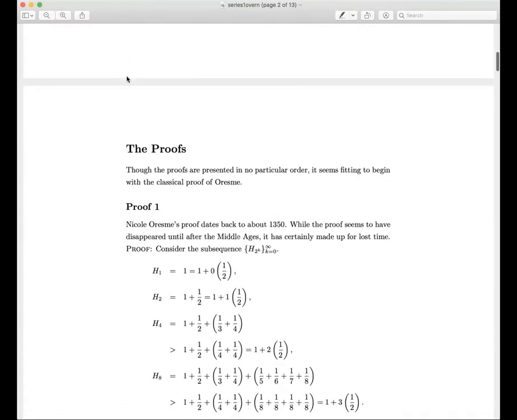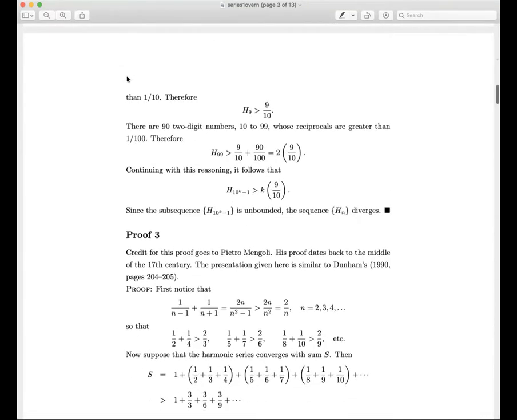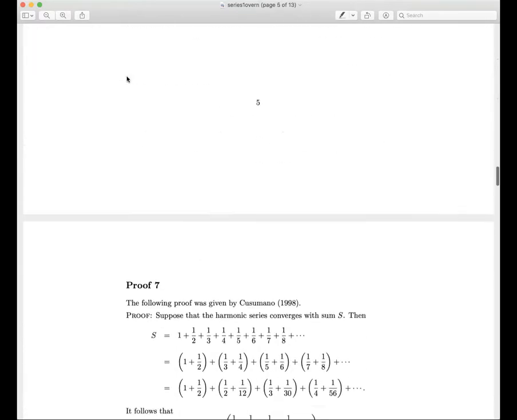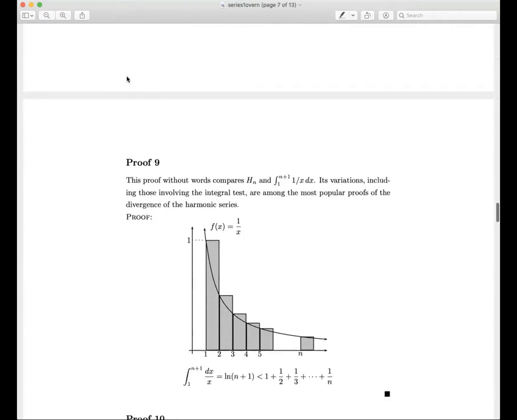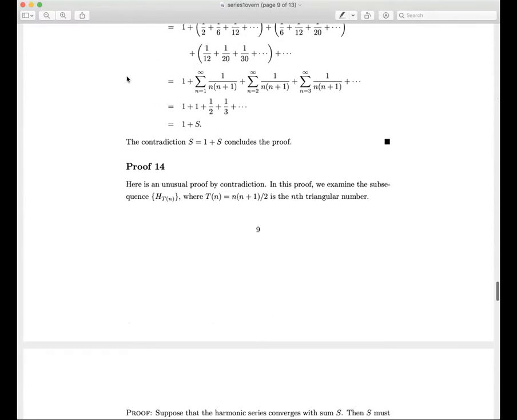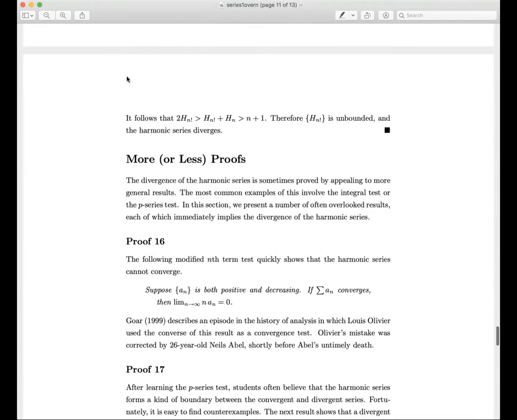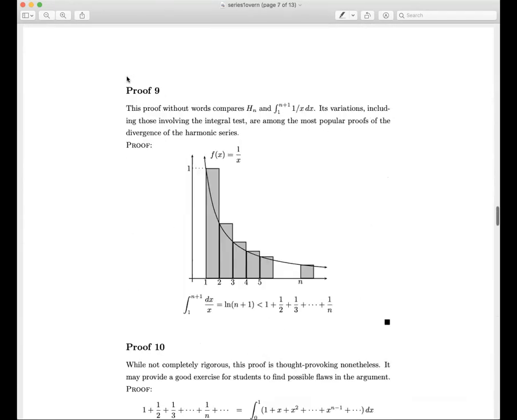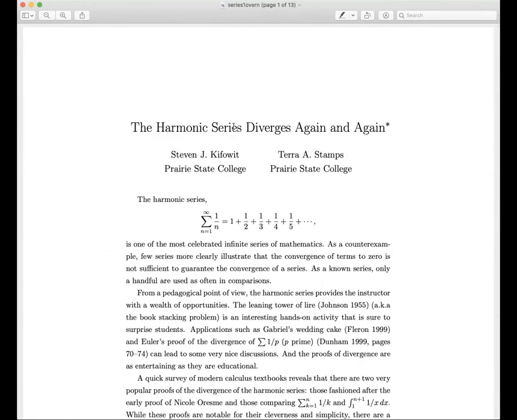He goes on to give proof 1, proof 2, proof 3, and so on, up to 20. He's proving 20 different ways that this series converges to plus infinity.